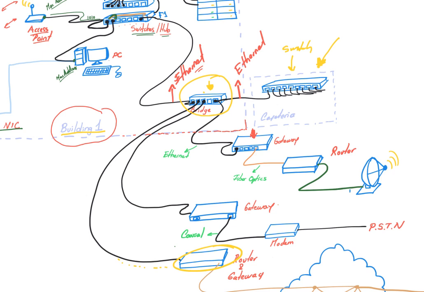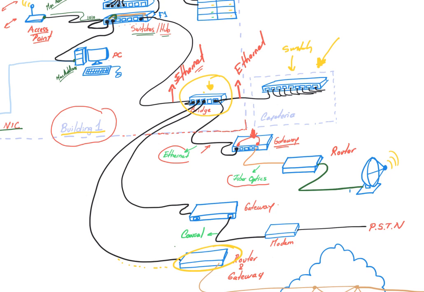Let's say that this is the building that is far away. So if we want to translate from this Ethernet wire that we have here to a fiber optics channel, then what you would need is a gateway, because the gateway is able to translate all the incoming connection data from this point to the protocol that you use in the other connection.